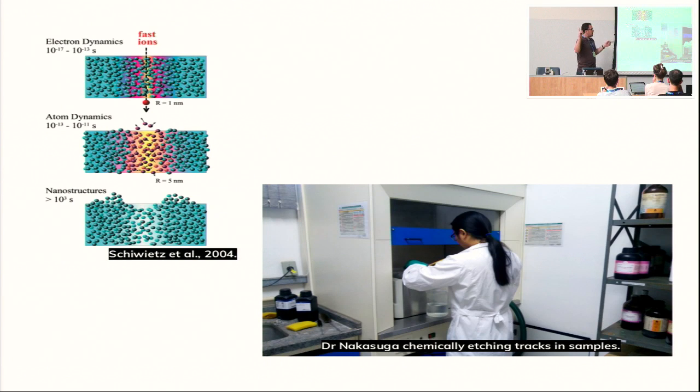When this happens, it cools really quickly, so you have a trace that we call a track. When this mineral is chemically etched, you can see these tracks under an optical microscope.